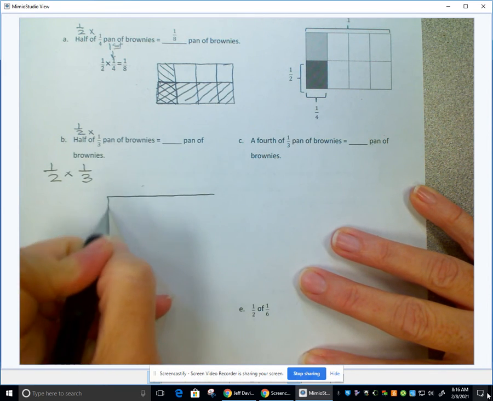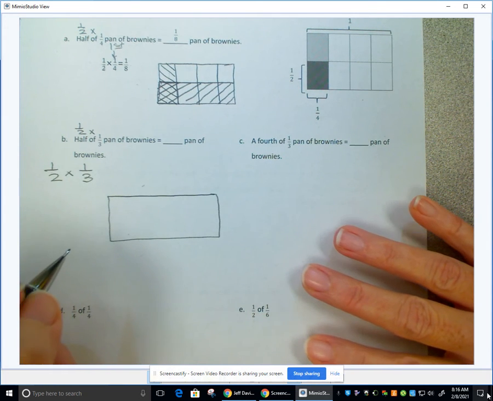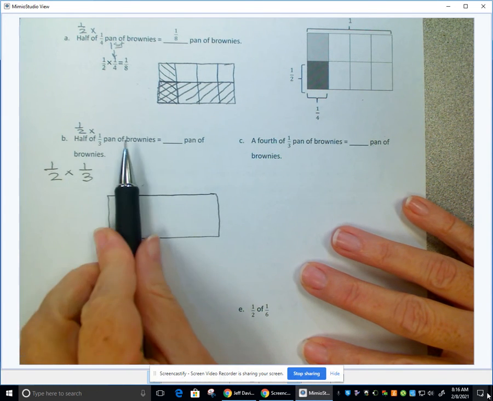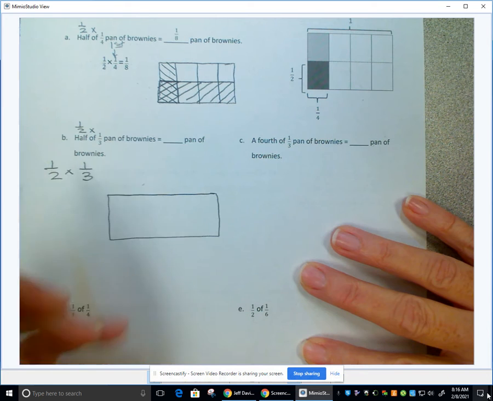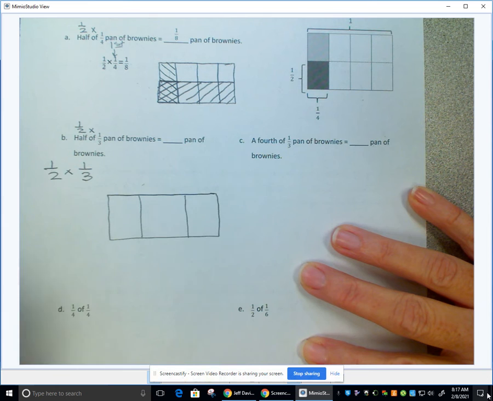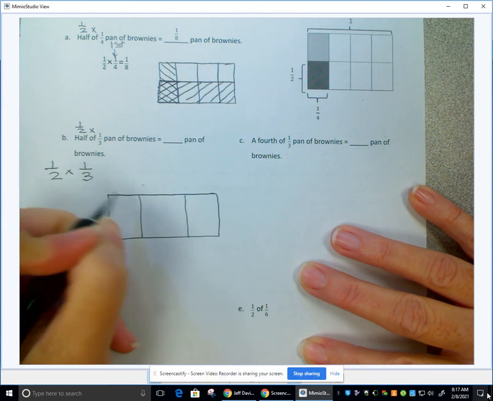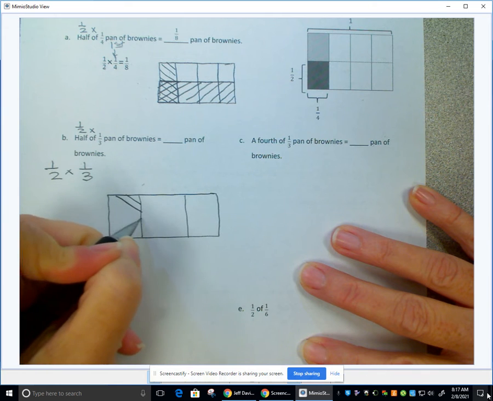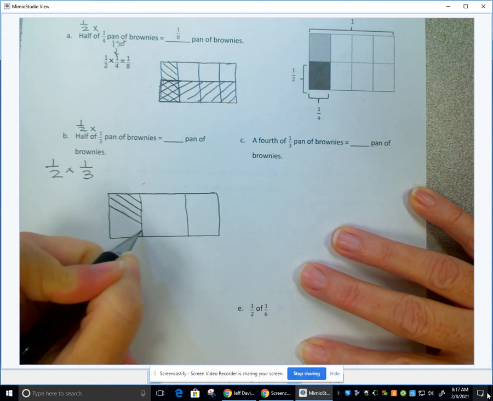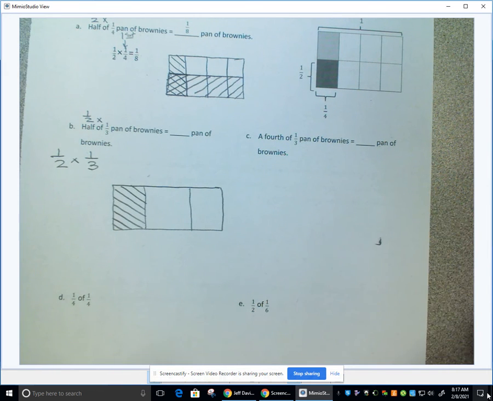So when I draw my picture, I'll do what was there first vertically. That's lines going up and down. 1 out of 3. So let me draw 3 groups. There's my 3 groups. And I want one of the 3 shaded. So I'll go diagonally this way. There's 1/3.